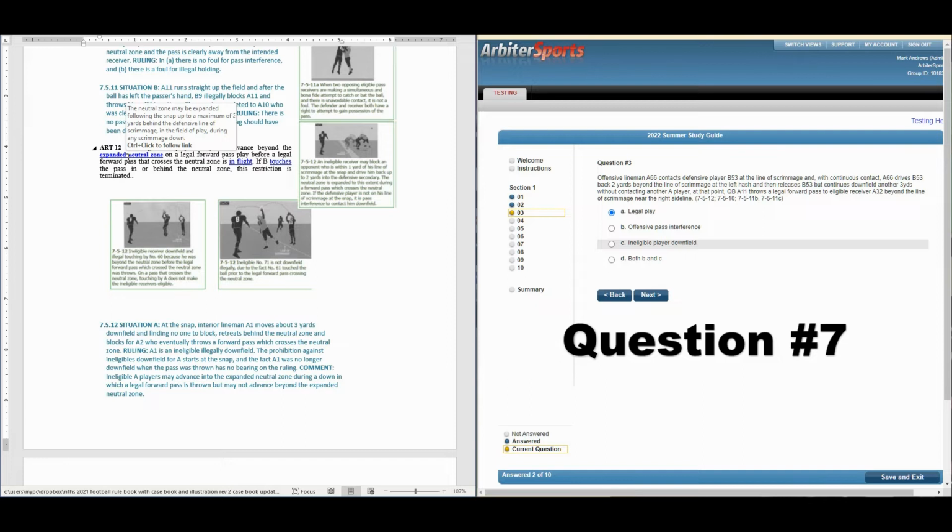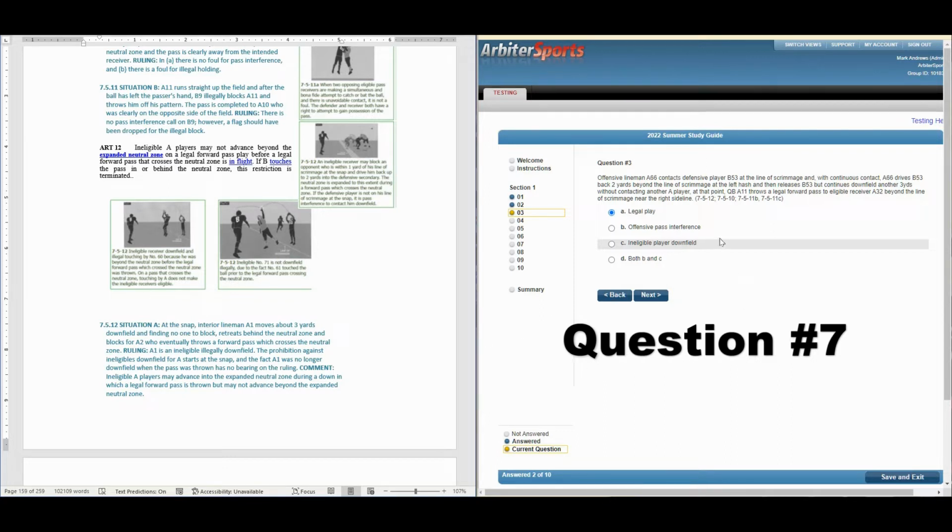So, legally, the offensive lineman can drive the defensive lineman back 2 yards without being ineligibly downfield. In this case, he's done that, but then he's continued down another 3 yards, and when the pass is thrown, it has crossed the neutral zone, and it's in flight, and no B player has touched it. So he is in violation of 7-5-12, which is an ineligible player downfield.